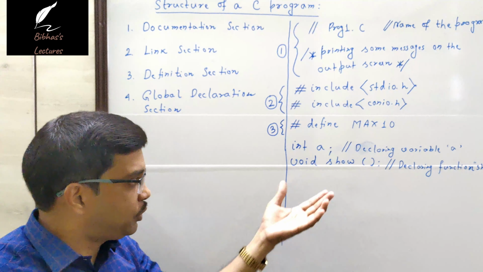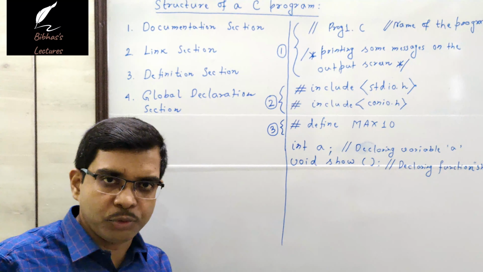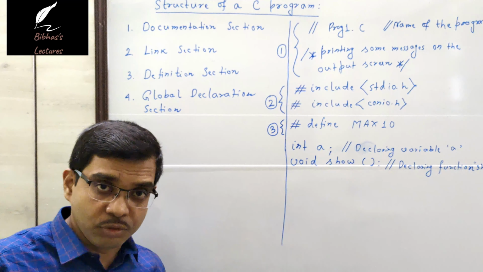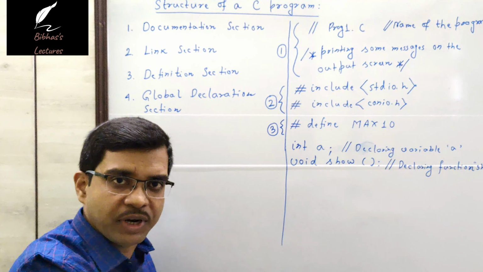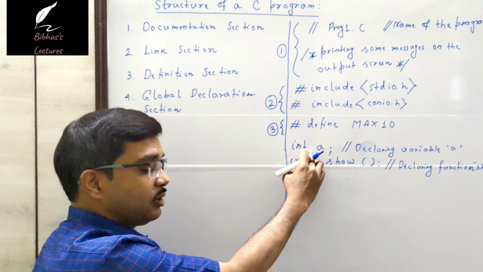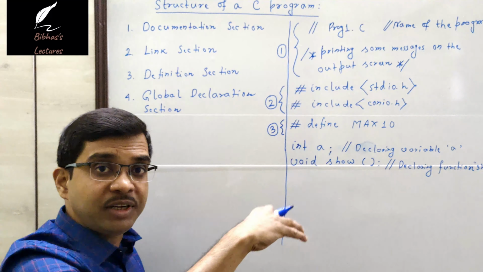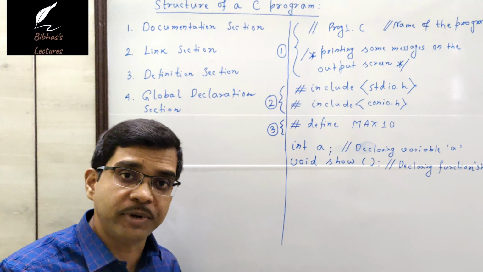If we are declaring something in the global section, how will it make an impact in the program? If you declare variables in the global section, then whichever functions you are going to define in your program, all of them can have access to this variable. Since you are making it global, it is the property of each and every one. It is not private property, rather it is public property.